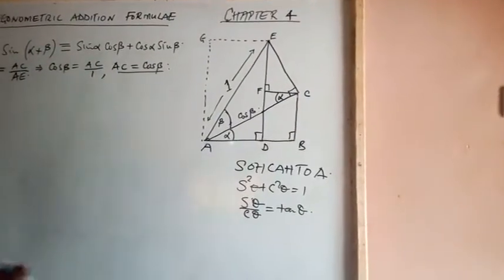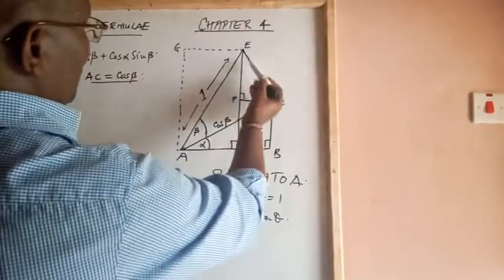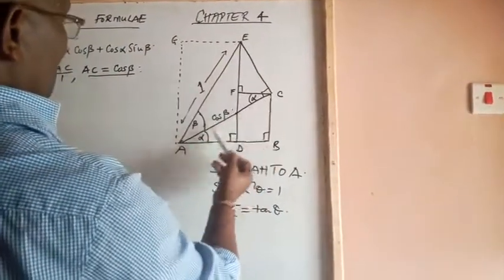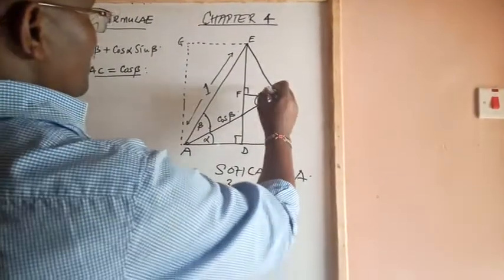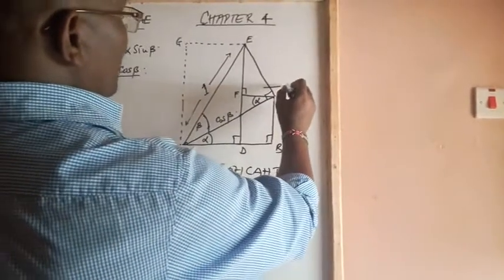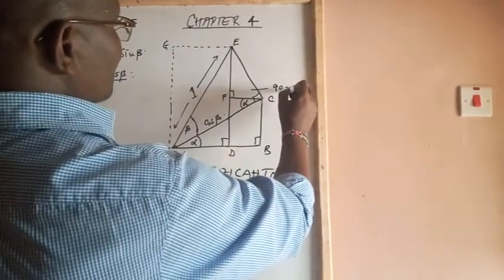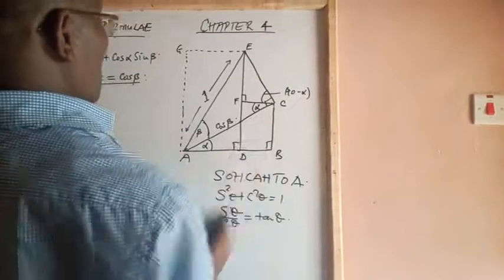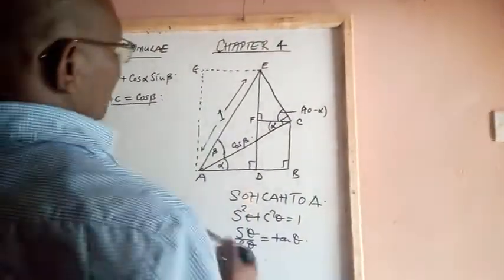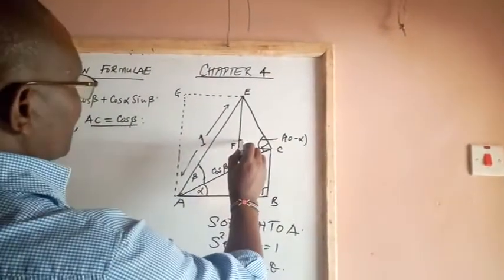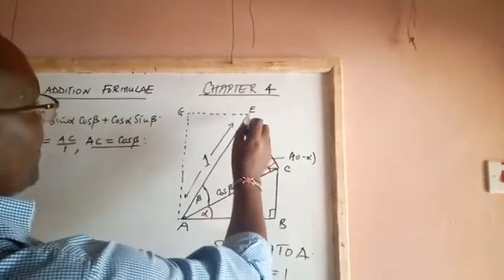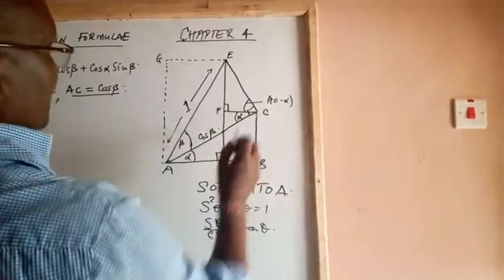It goes without saying that the whole angle ECA is 90, so this angle is 90 minus alpha.